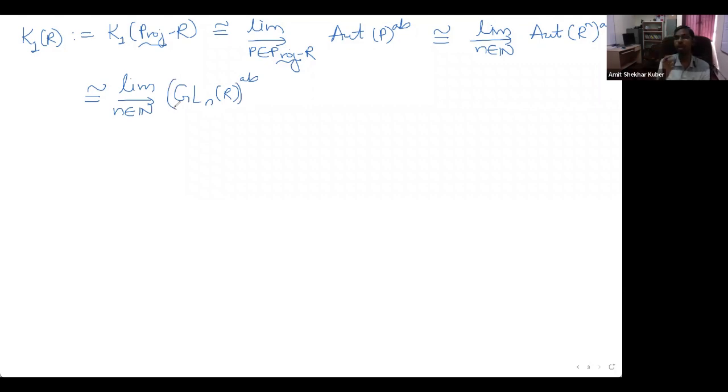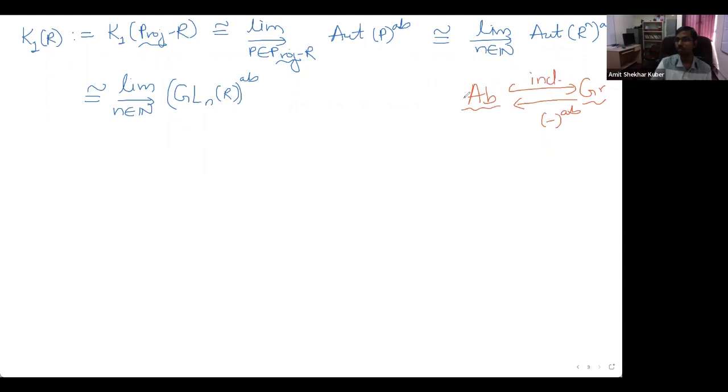However, now you have to remember something: abelianization as a functor. So you start with, I'm just writing this, all abelian groups are groups. And from a group, you can construct an abelian group by taking the abelianization.